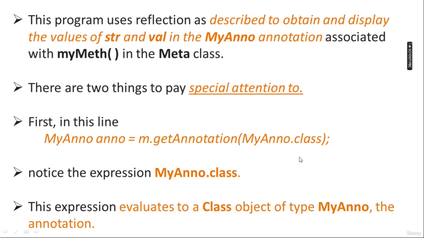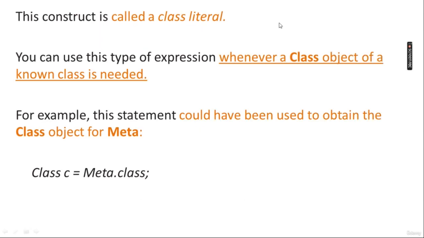MyAnnotation is equal to m.getAnnotation(MyAnnotation.class). The expression MyAnnotation.class evaluates to a class object of type MyAnnotation, the annotation. This construct is called a class literal or class constant. You can use this type of expression whenever a class object of a known class is needed.